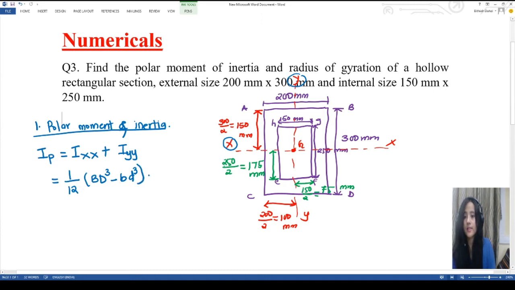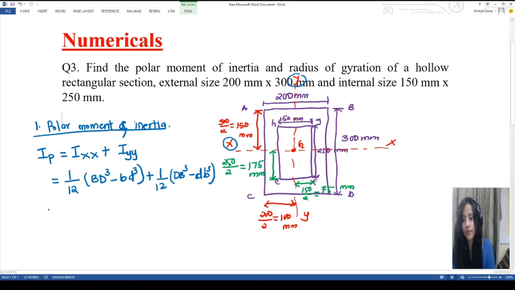This is my Ixx. Iyy will be equal to 1 by 12 (DB cube minus small db cube). So this will be my Ixx and Iyy.